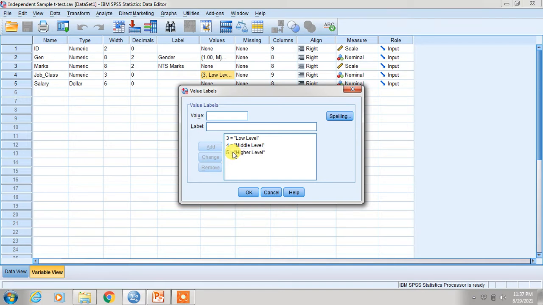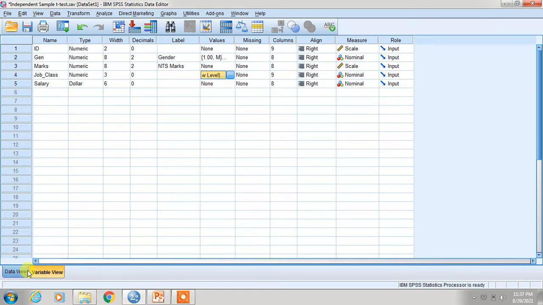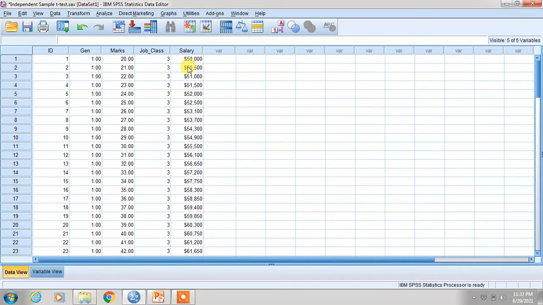So we have three different groups of employees on the basis of their job designation. Now we will check whether the salary of the employees at different groups is similar or statistically different from each other.